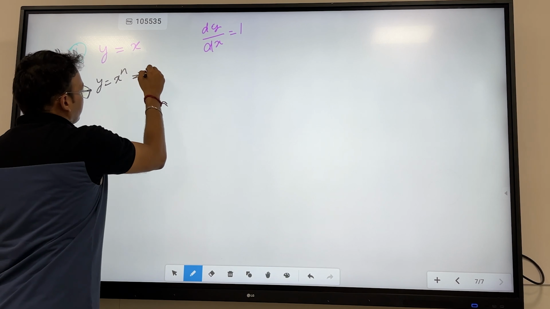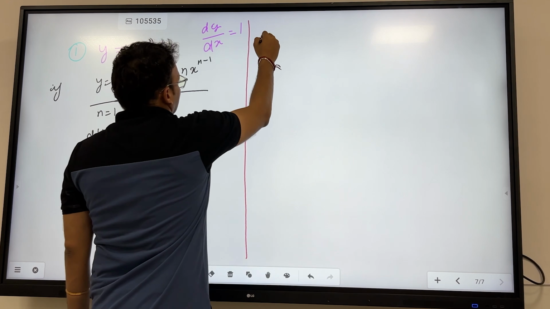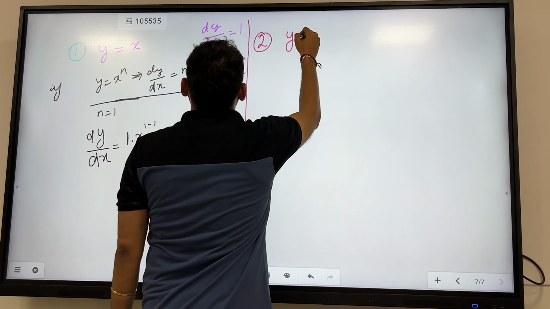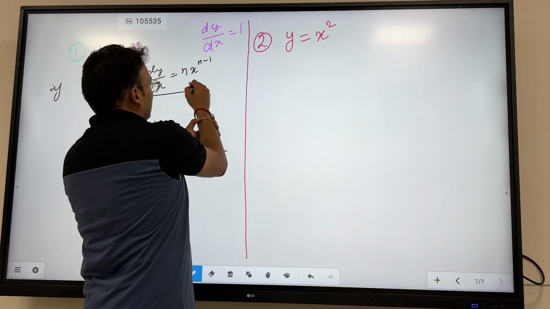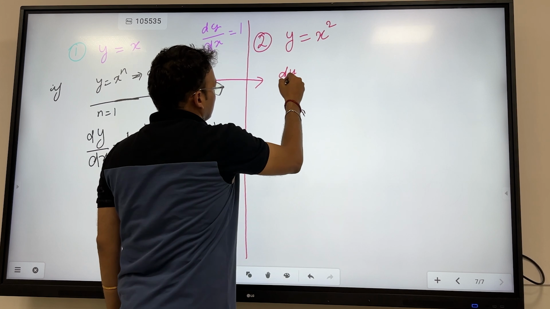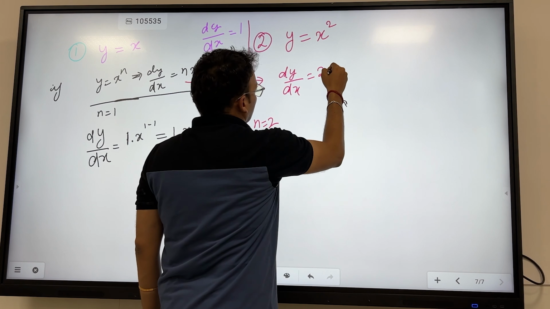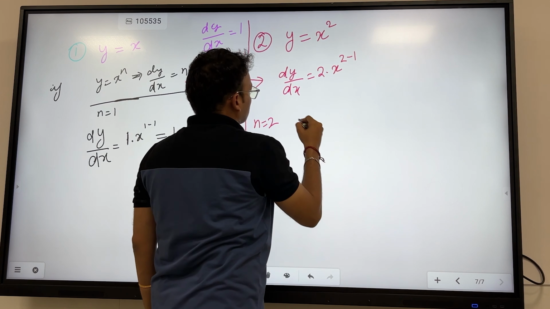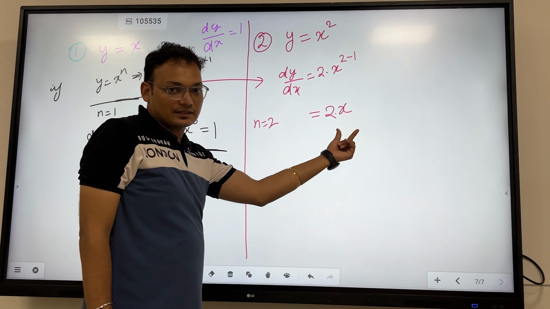Okay, let's move ahead. Let's see the second example, y is equal to x square. Now here you can apply the same rule, right? You can say dy over dx, n is equal to 2. So can I say this is 2 times x raised to the power 2 minus 1, which is 2x, right?